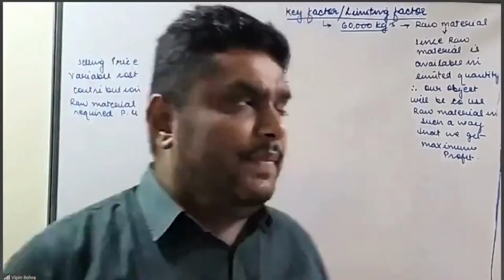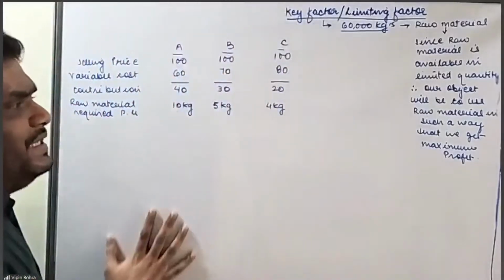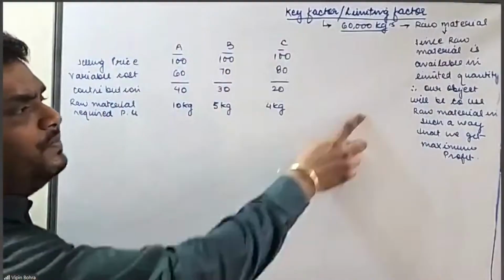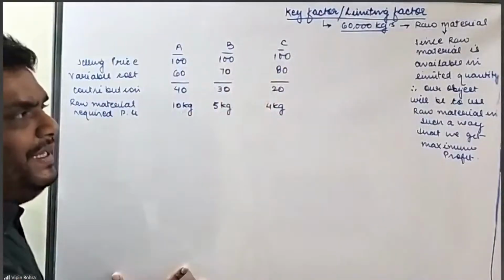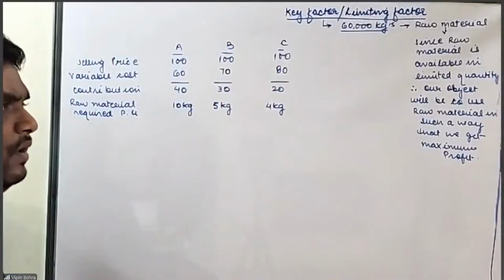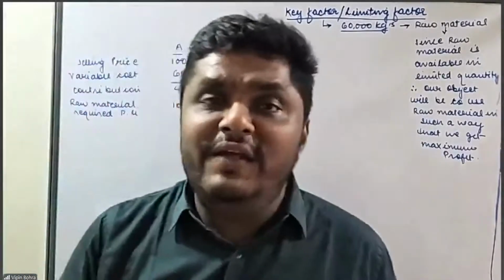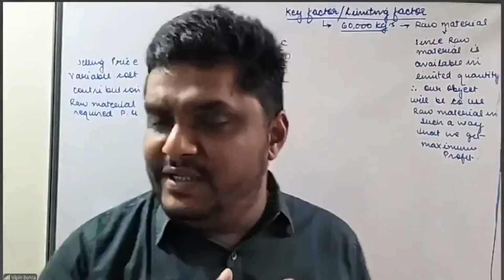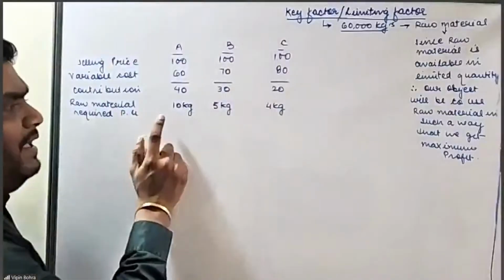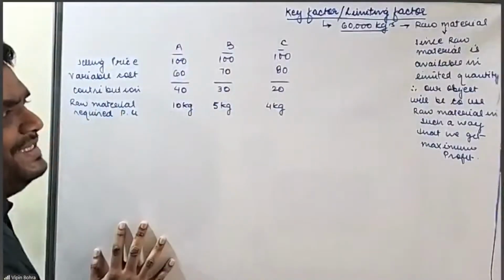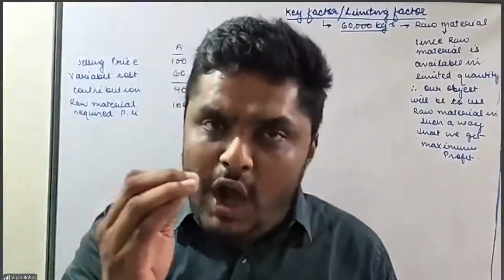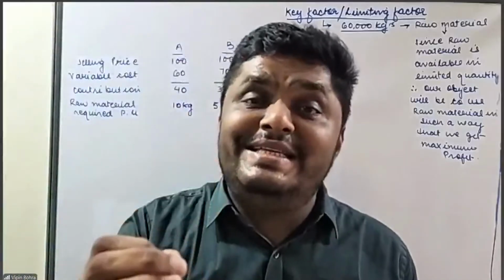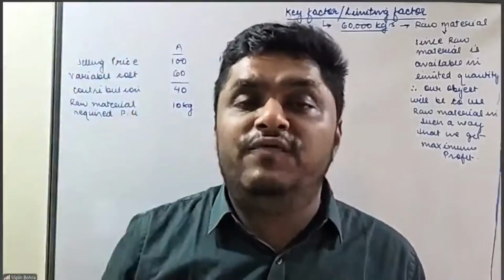Now see, in such a situation, ultimately our object is to get the maximum profit, since raw material is in limited supply. Now, how to identify which product we should manufacture? Herein we are using 10 kgs of raw material, and how much profit are we getting? 40 rupees.